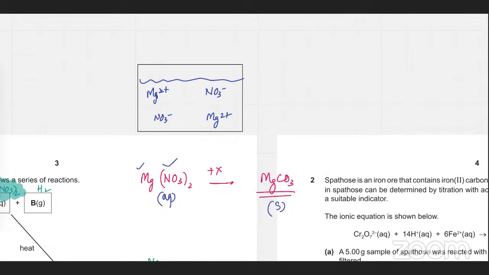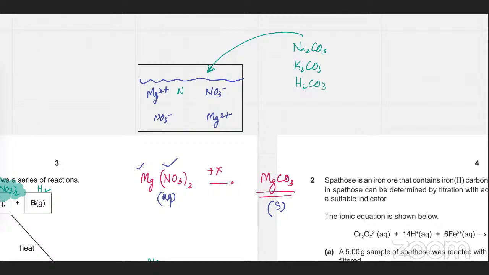Now, you need to add carbonate to it, and it could be any carbonate as long as it's a soluble carbonate. So I can add sodium carbonate to this, Na2CO3. I could have used any carbonate as long as it's soluble. I could have even added a carbonic acid molecule as well.